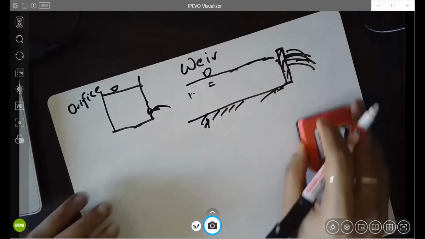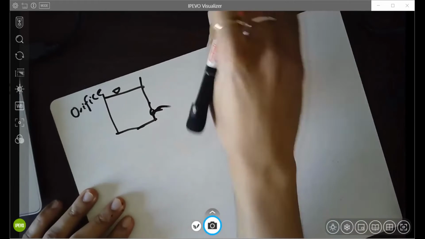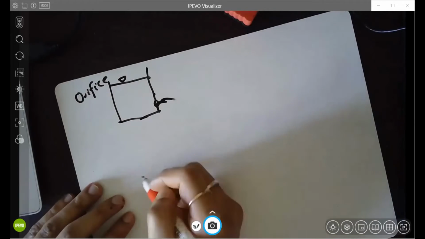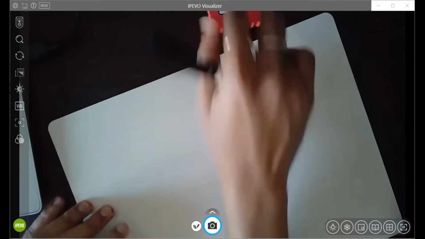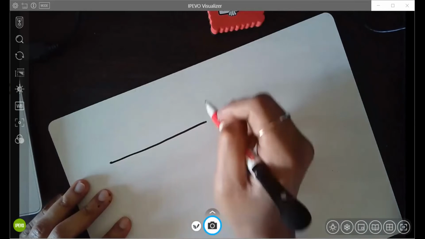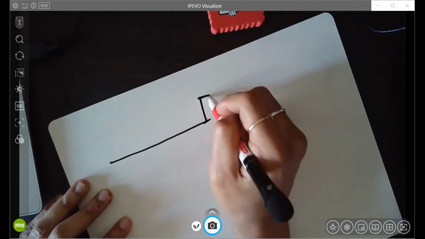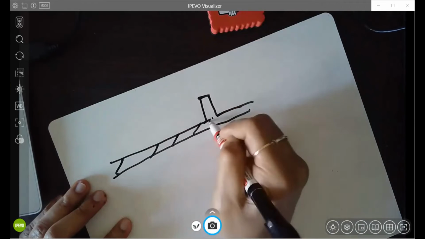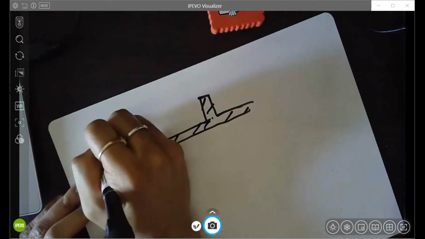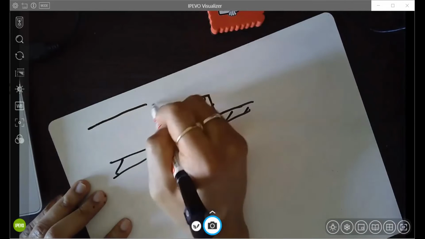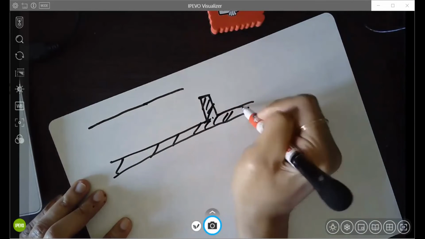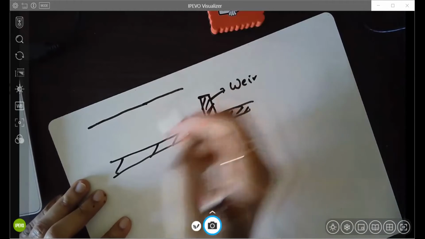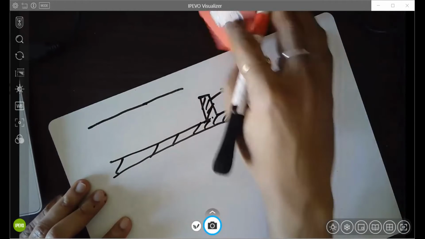Okay, so let's go to weir flow. Let me see if I can draw it nicely. Okay. This is the weir.